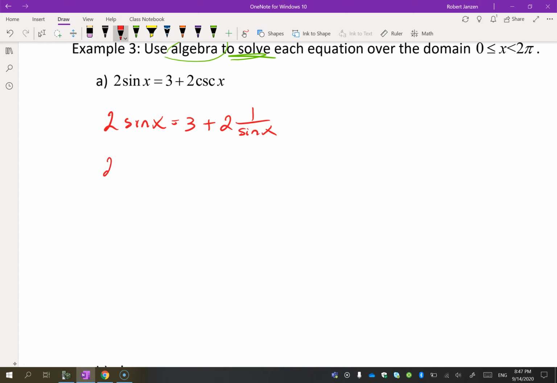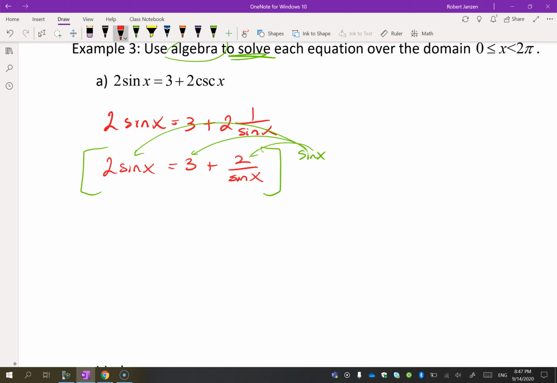Okay, let's just clean that up a little bit. This is 2 over sine. And now I don't like the denominator. I don't like the fractions. So what I'm going to do is multiply everything by sine x. So I need to put this into each one of these terms.